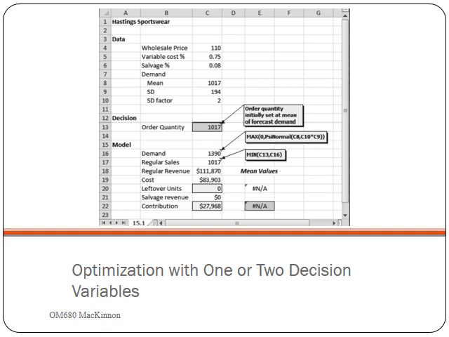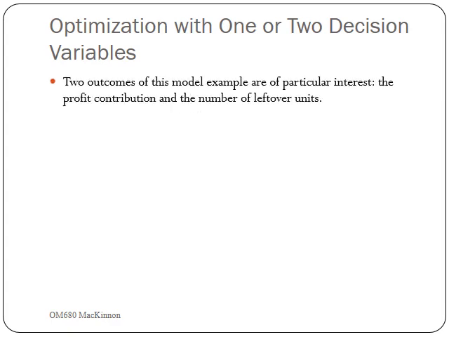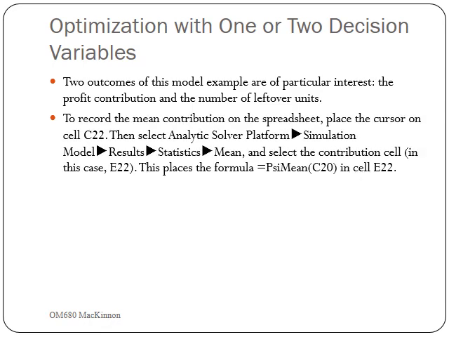So we've used PsiMean here in these two cells to record the mean of the simulation from these two cells. Okay? All right. So, as I mentioned, two outcomes are of interest: the profit contribution and the number of leftover units. So, what we have done, as I explained, is we have used the PsiMean function to record the mean of those two values from the simulation.